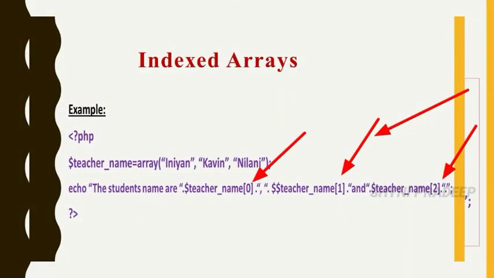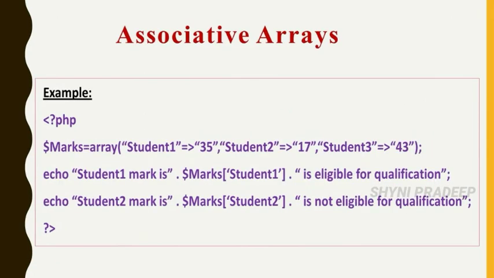In the indexed arrays, we used index positions to specify the element's location. But here we are using keys instead of index numbers. Okay, keys are what? Student 1, student 2, student 3. In student 1, 35 is stored, in student 2, 17 is stored, and in student 3, 43 is stored.